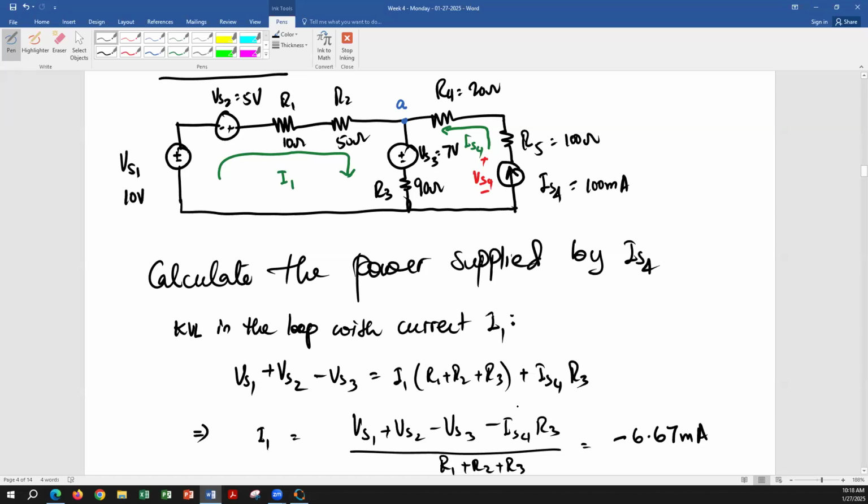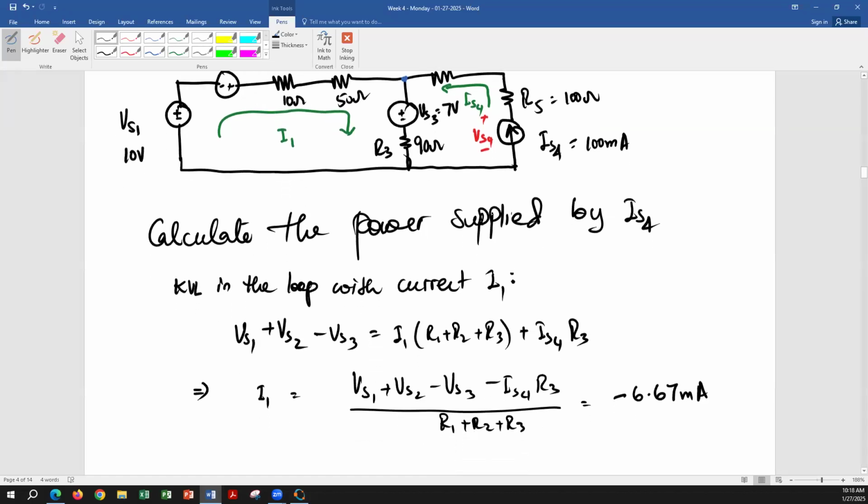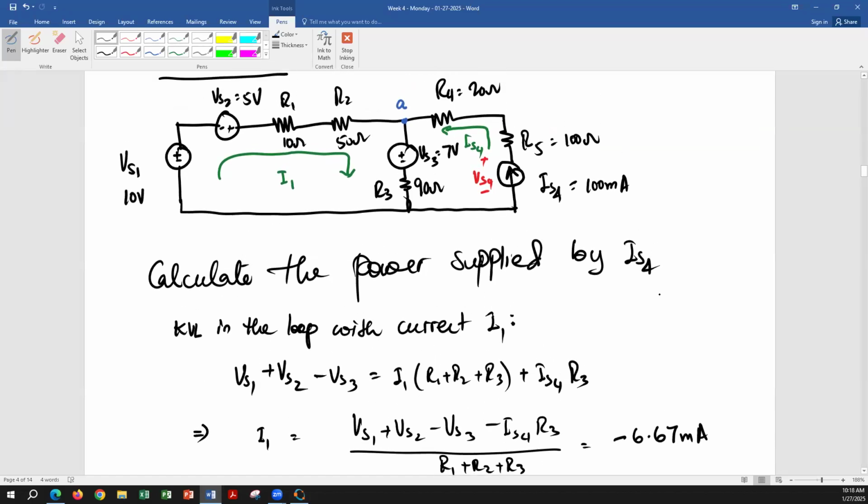So my question is, how are you going to figure out what VS4 is then? Because your job is not to find I1, your job is to find VS4. I1 will help you find VS4.